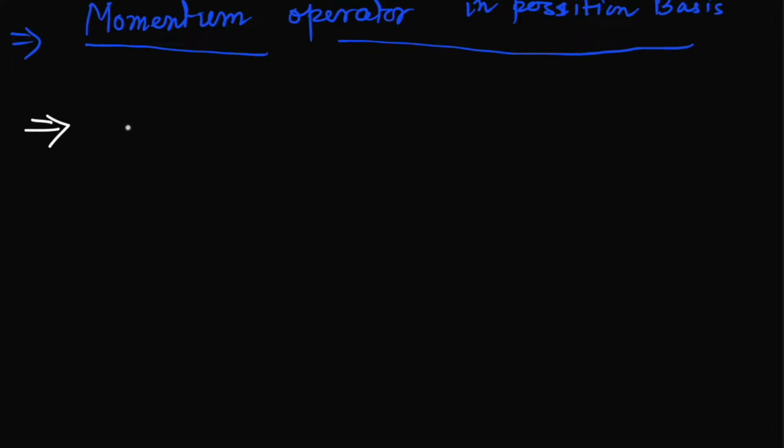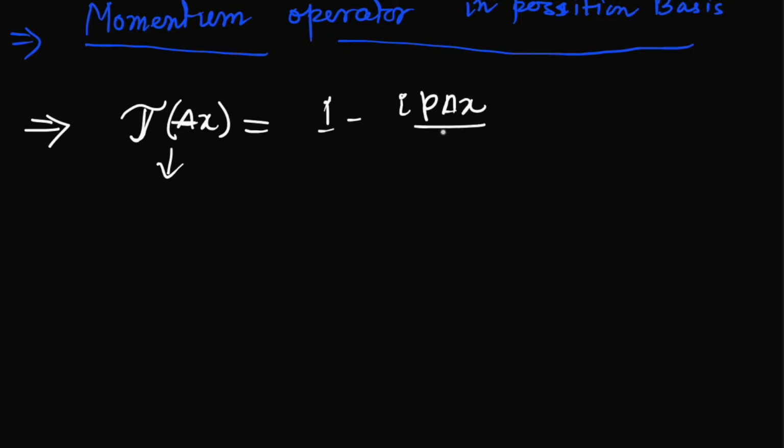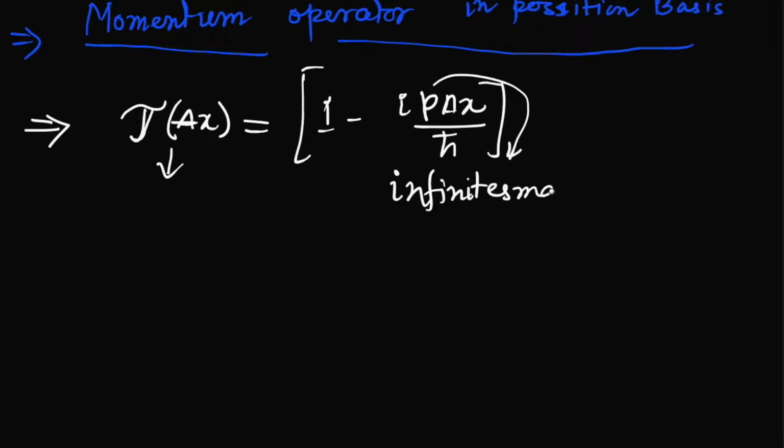As we have seen in our previous lecture, the infinitesimal translation operator that translates the position of the state by amount delta x can be written as 1 minus i p delta x by h cut, where p is the infinitesimal translation generator operator.